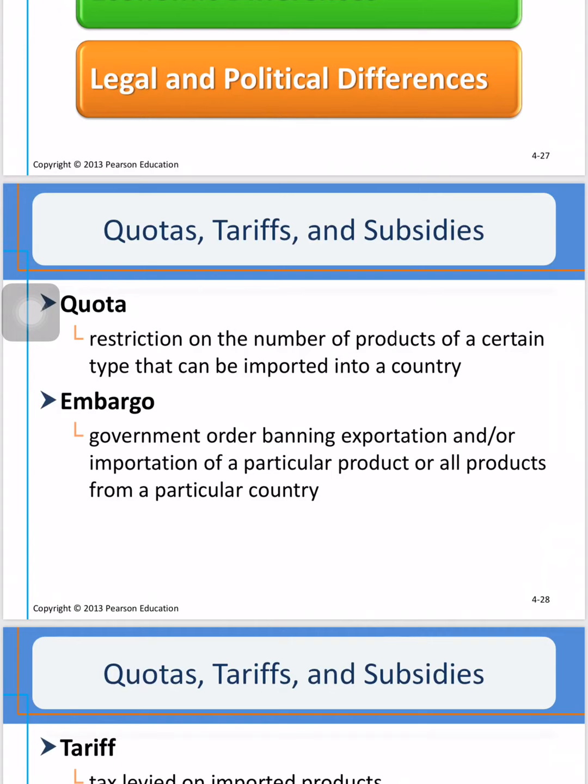For example, the portion of alcohol content in a product: we have a specific limit on how much alcohol a product can contain. So if there is more, maybe it cannot enter our country, our market. That is one example.